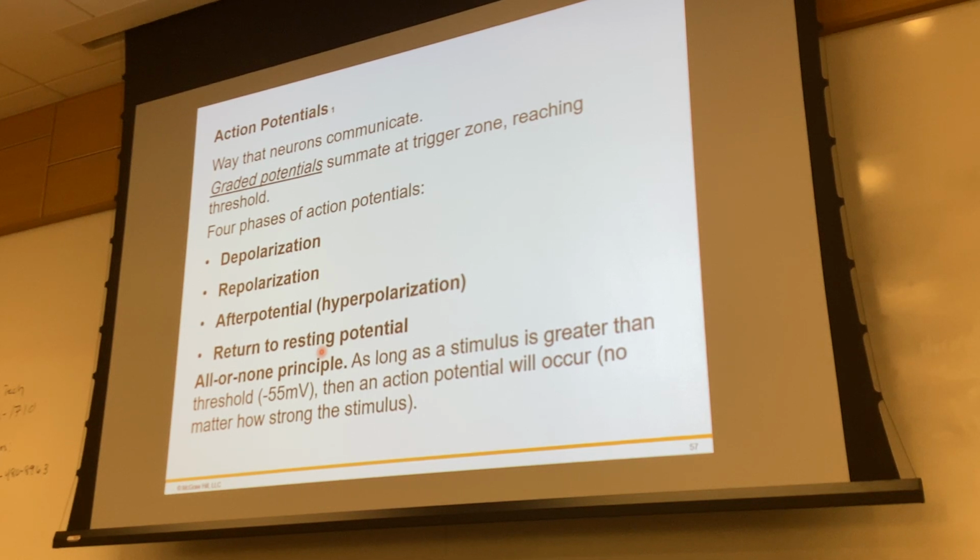That all or none principle says that an action potential occurs as long as it exceeds that threshold. Here in my notes I write down negative 55 millivolts. I'm not going to ask you to remember that. I'm just going to say it's greater than the threshold.